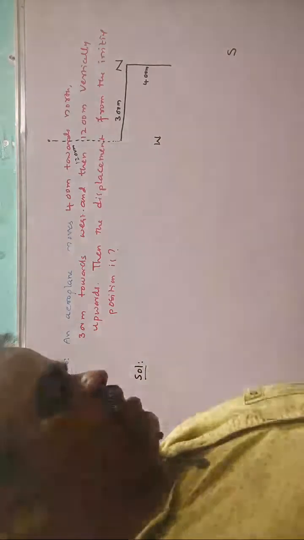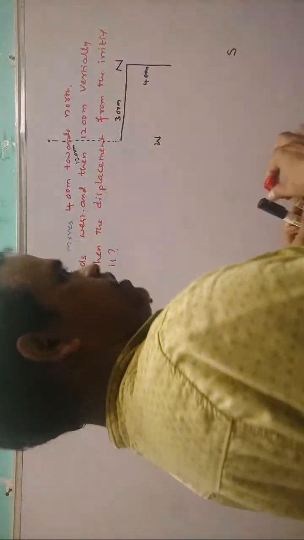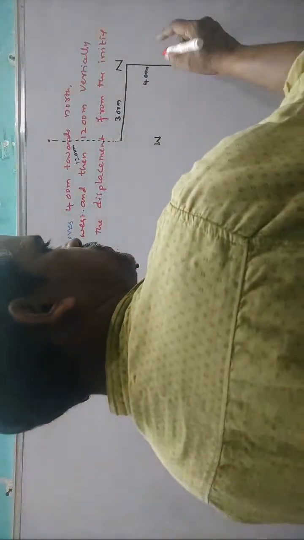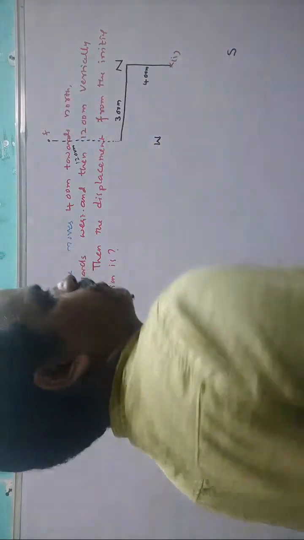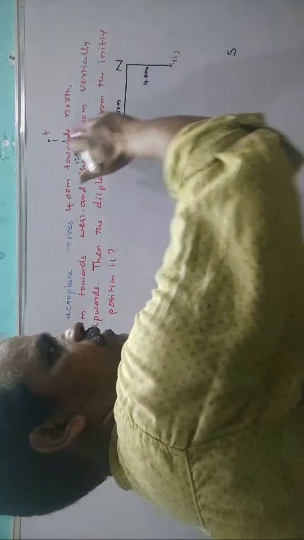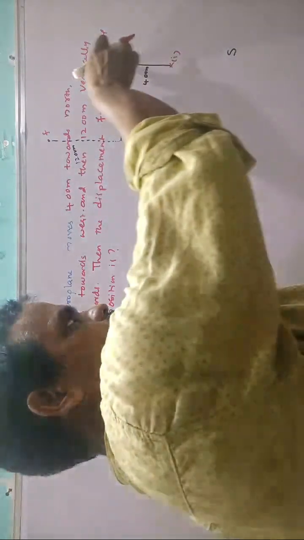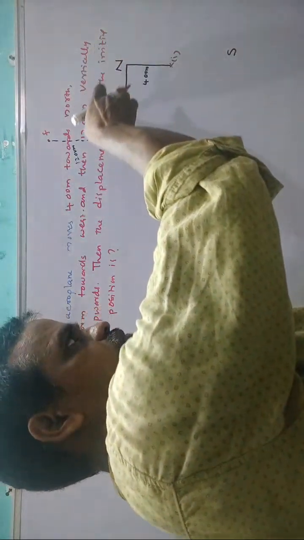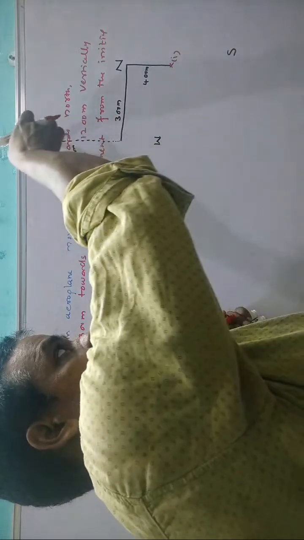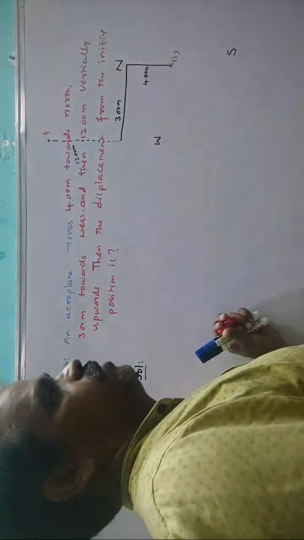See, initially it started here, this is the starting position, and it ends here. The actual path: it goes 400 meter towards north, then 300 meter towards west, then goes up 200 meter in the air.